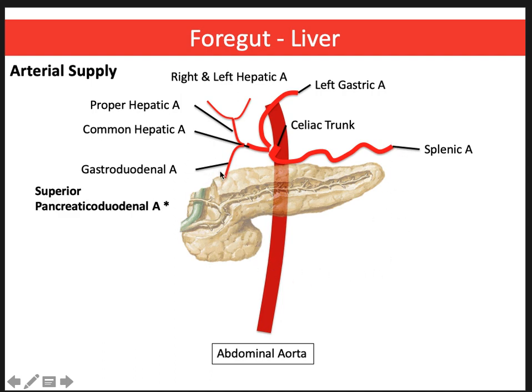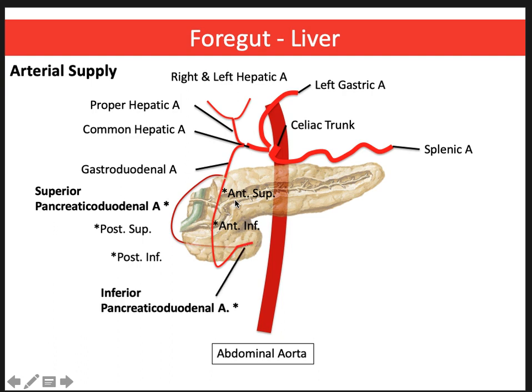From this gastroduodenal artery, you will have the superior pancreaticoduodenal artery that will divide into anterior and posterior, both going on each side of the head of the pancreas and the duodenum. So this encircles the entire head and neck of the pancreas, and they will anastomose with the inferior pancreaticoduodenal artery coming from the second unpaired branch of the abdominal aorta, the superior mesenteric artery.